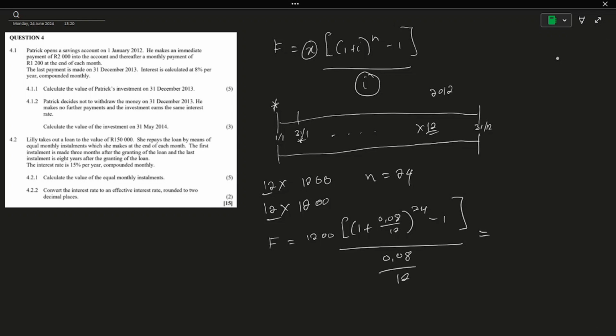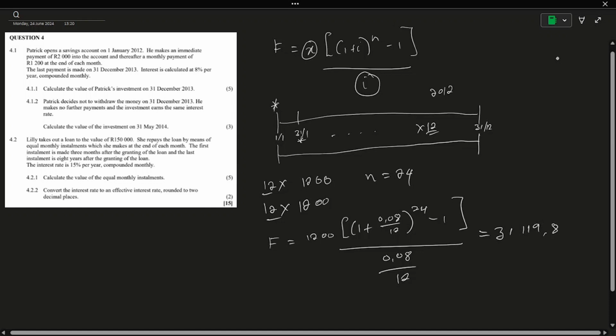The answer that you get here is 30.82771. I would like us to not round off now. You don't want to round off before we get to the final answer. So if this person was paying 1.2 at the end of each month with that certain interest for 24 payments, not 24 months, this person is going to be having this certain amount.